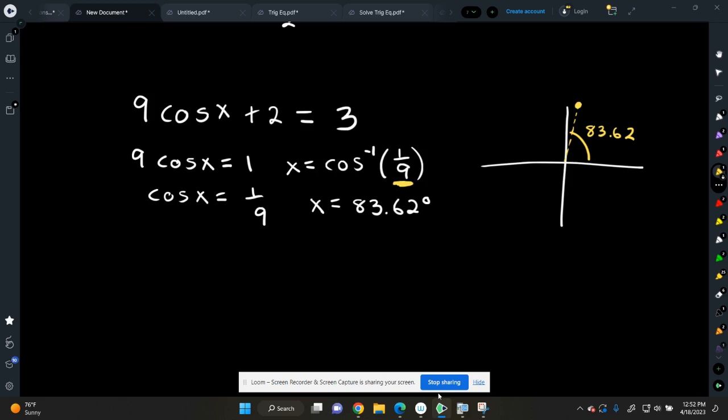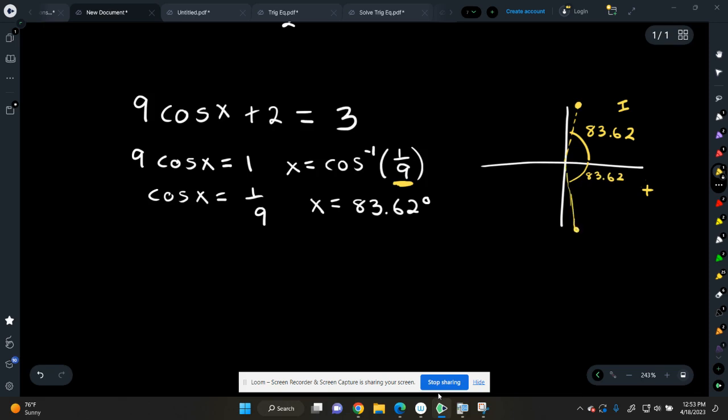We already know that cosine is positive in quadrant 1. What other quadrant is cosine positive? 4. It's positive down here. The x is positive down here. So what we have to do now is look at the reference angle of 83.62 in this quadrant.